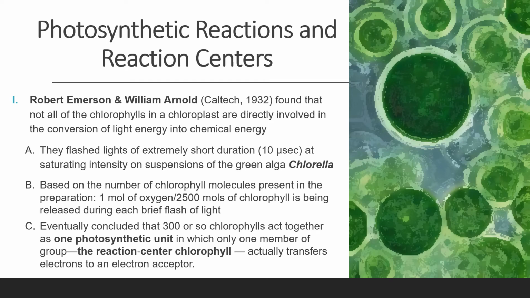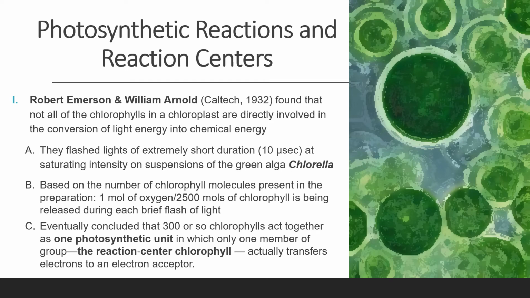Okay, so this already gives you the idea that what they initially thought is actually correct: that not all of the chloroplasts are involved in the conversion of light into chemical energy. Because of the amount of chlorophyll present, they can only produce one molecule in a brief flash of light.